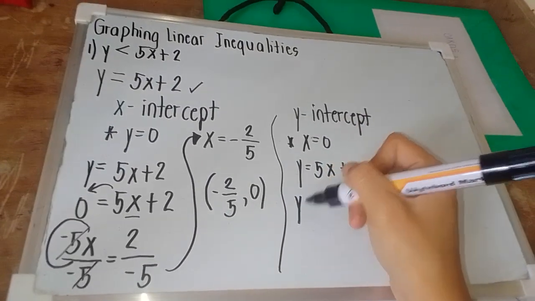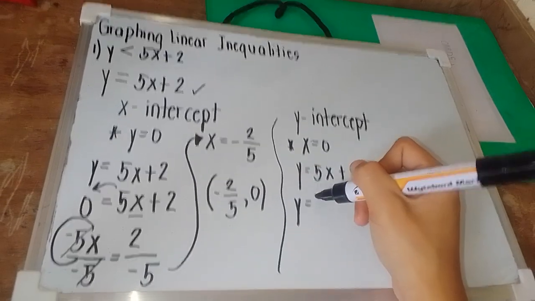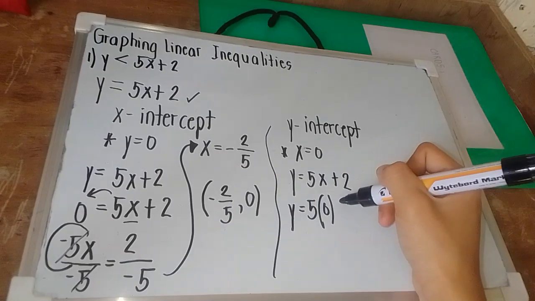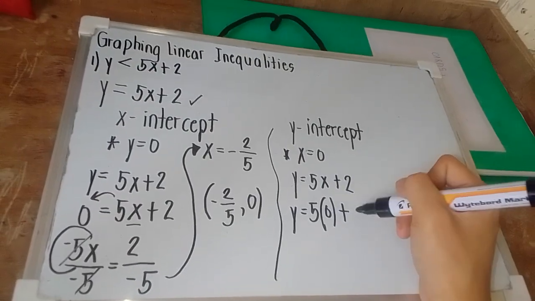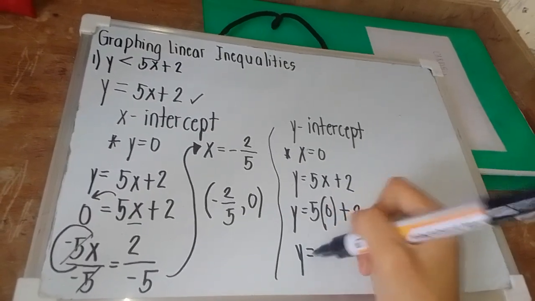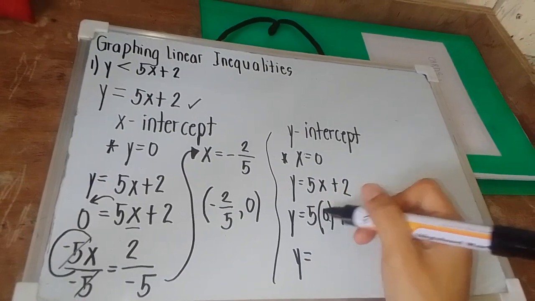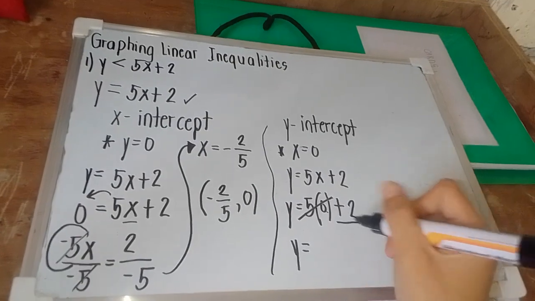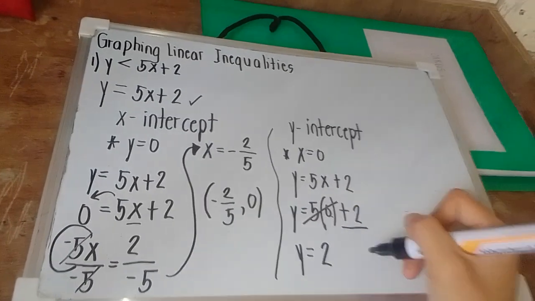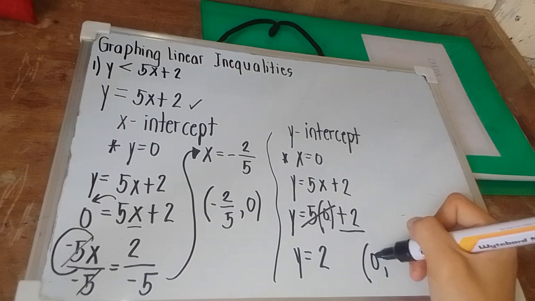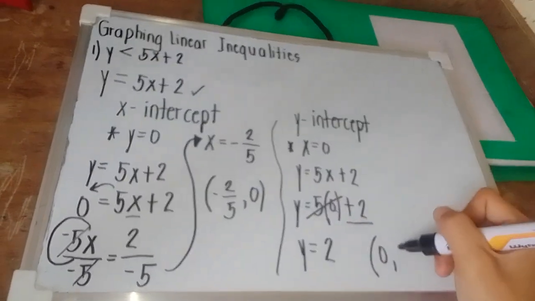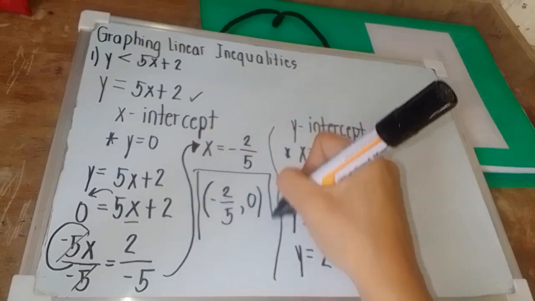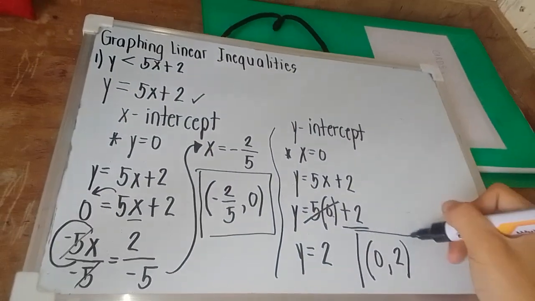Copy the coefficient 5, substitute x with 0, and the remaining term is plus 2. Simplify: y equals 5 times 0, that is 0, so eliminate it. The remaining term is positive 2. So therefore, your second point is 0 for your x-coordinate, and positive 2 for your y-coordinate. So these 2 points are ready to plot.